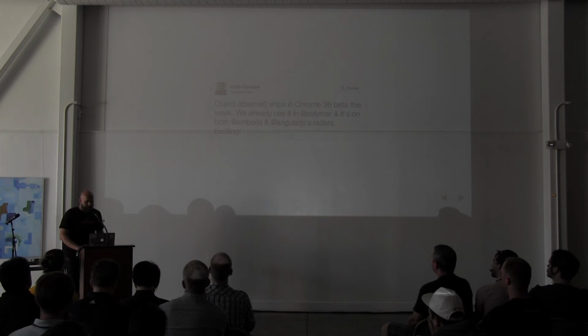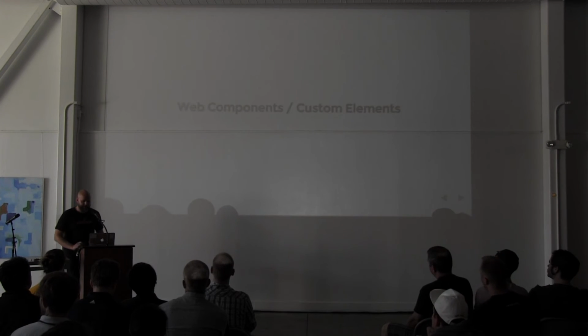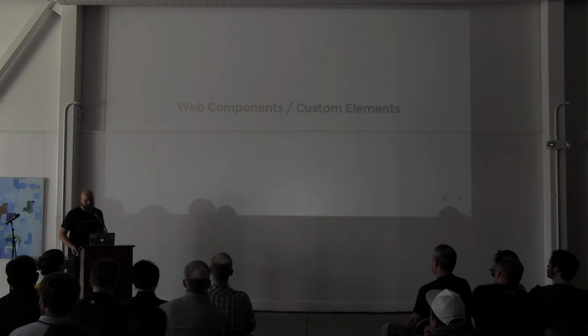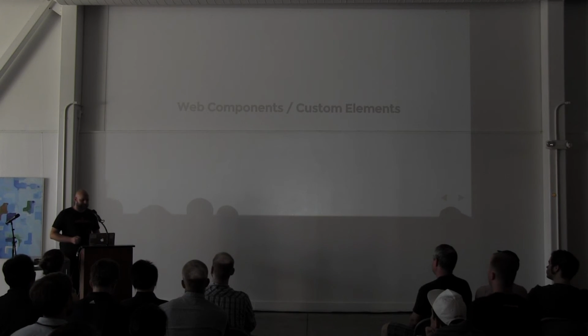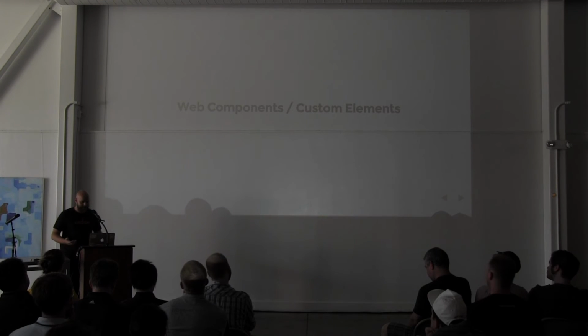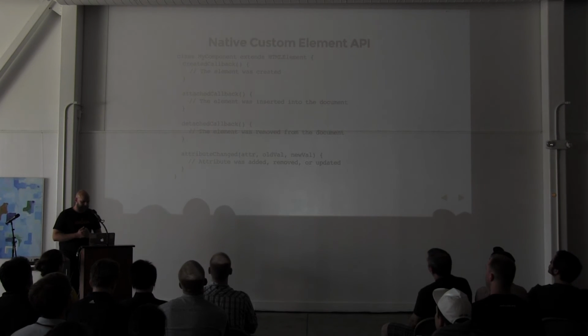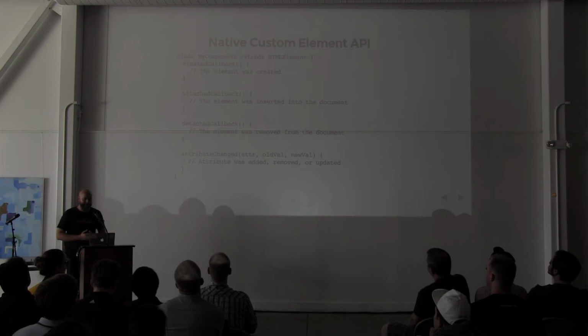So the other cool platform feature that I want to touch on is web components, but particularly custom elements, because I don't think everybody has seen what the custom element API looks like, so I wanted to show that. This is using the ES6 class syntax.